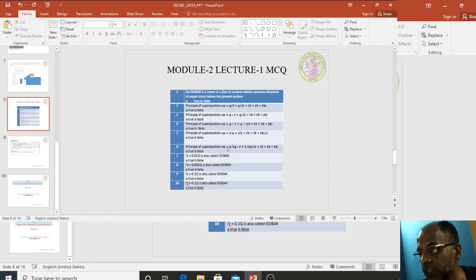Principle of superposition sigma Z is I divided by 2Q, this statement is false. Sigma Z 0.01Q is called an isobar, statement is true, option A. Sigma Z 0.001Q is also called an isobar, statement is false, B. Sigma Z 0.2Q is also called an isobar, the statement is false. Sigma Z 0.1Q is also called an isobar, statement is false.